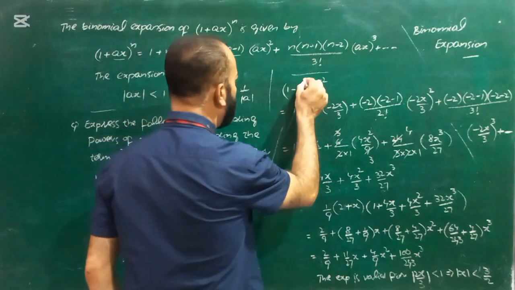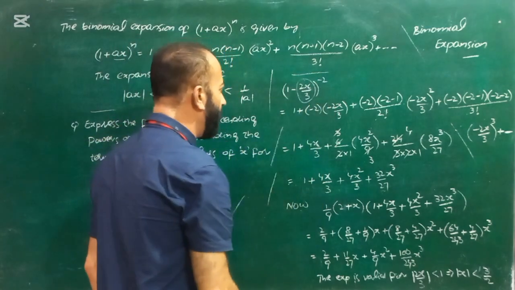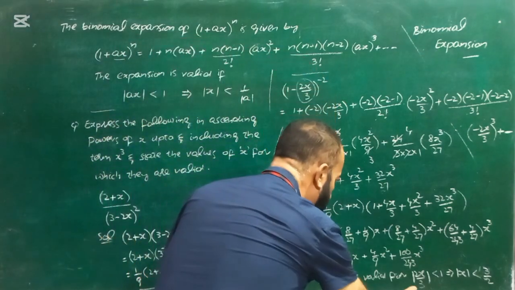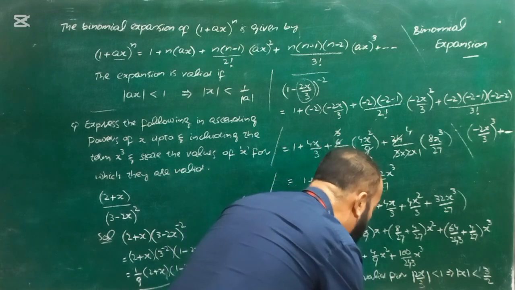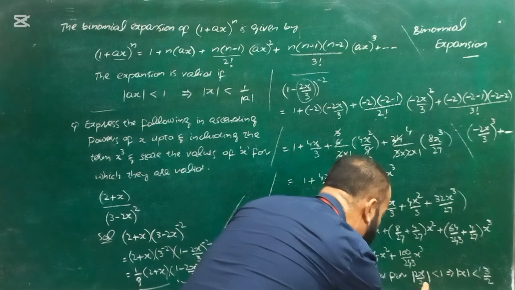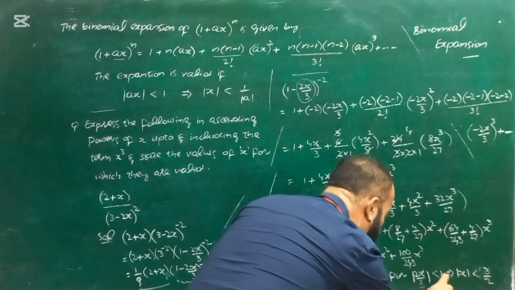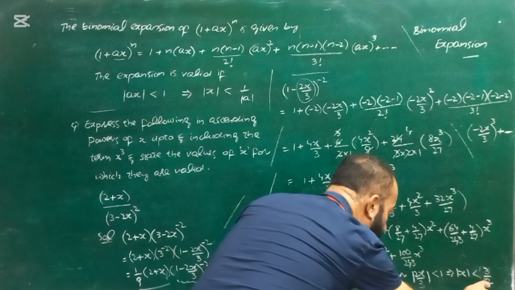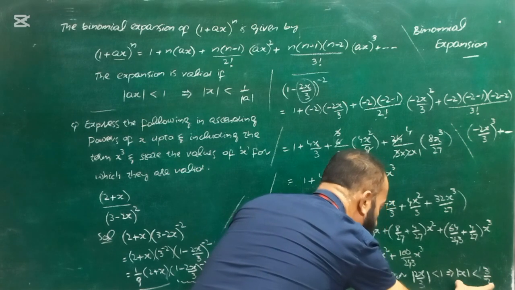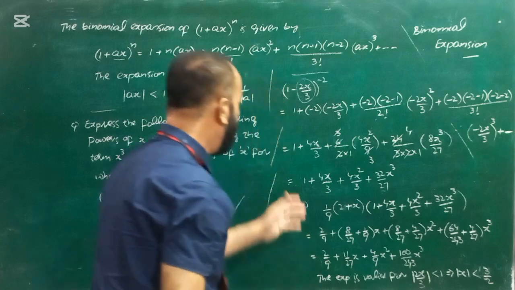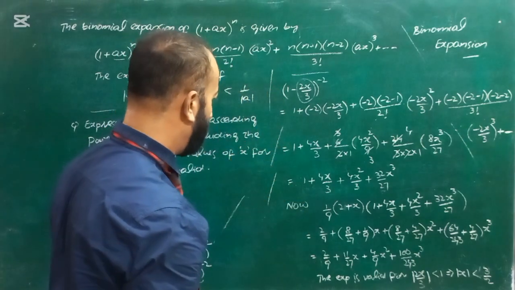So look here, this factor's modulus should be less than 1, and from here modulus of x will be less than 1 over 2 by 3 modulus, and taking reciprocal it will be 3 by 2. So modulus of x is less than 3 by 2. So these are the values of x for which this expansion is valid.